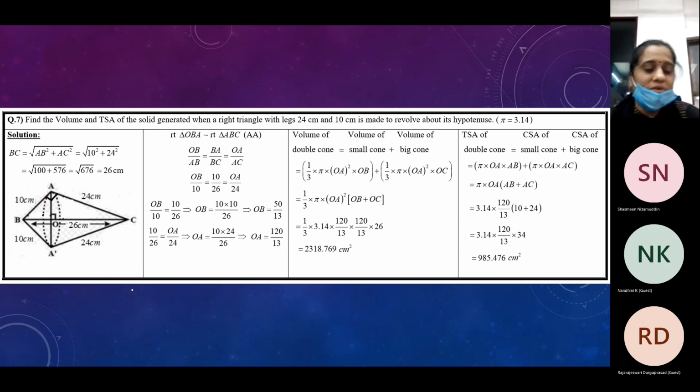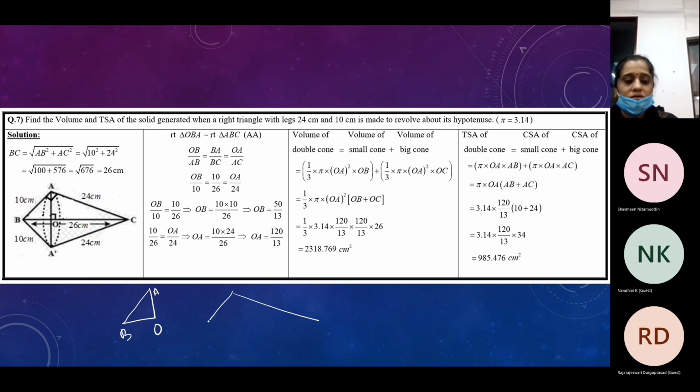Let me draw it again. ABO and the whole triangle ABC. Now in the small triangle, this is 90 degrees. In the big triangle, this is 90 degrees. And in the small triangle, we have B. In the big triangle also, we have the same angle B.